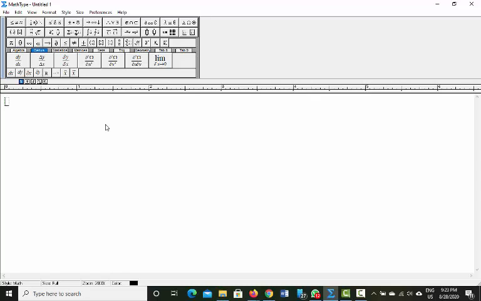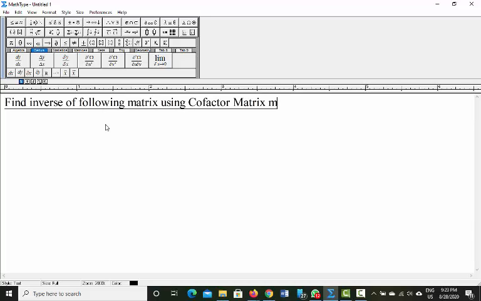So the question is: find the inverse of the following matrix using the cofactor matrix method. Find the inverse of the following matrix using the cofactor matrix method.